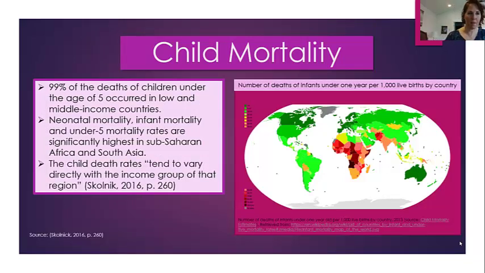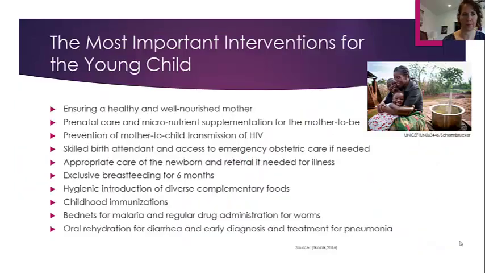Child mortality: 99% of the deaths of children under the age of 5 occur in low and middle income countries, especially sub-Saharan Africa and South Asia, and the death rates tend to vary directly with the income group of that region.